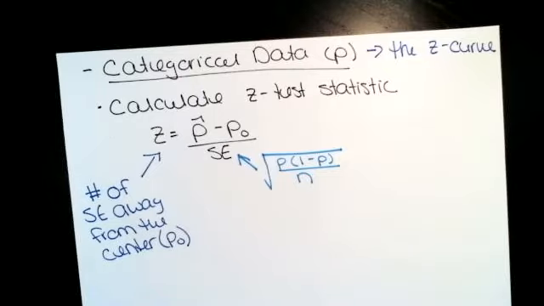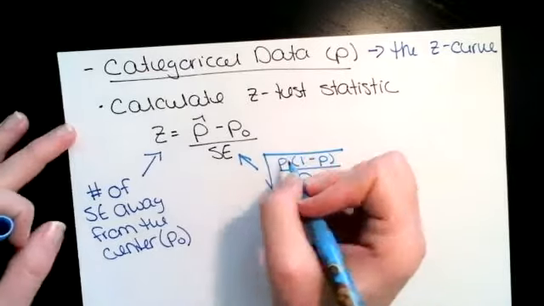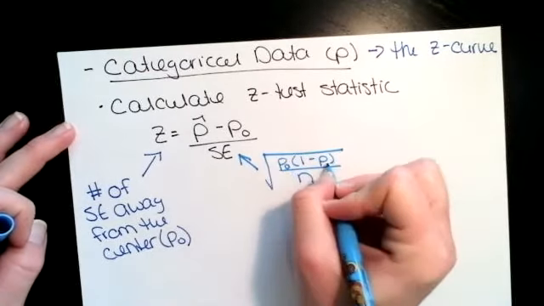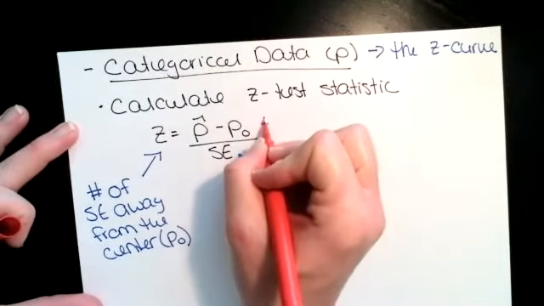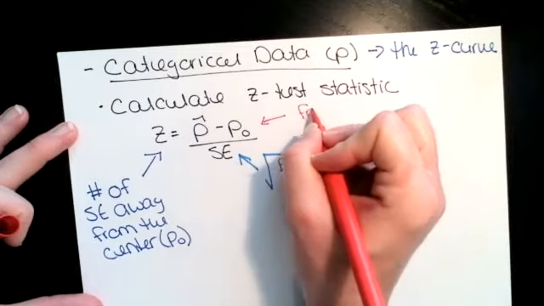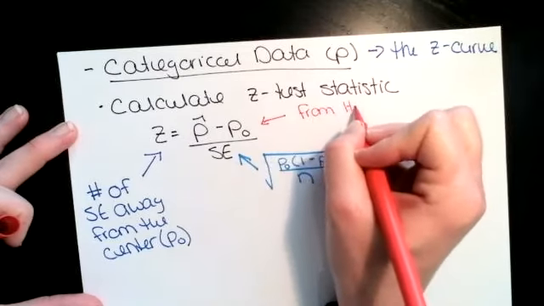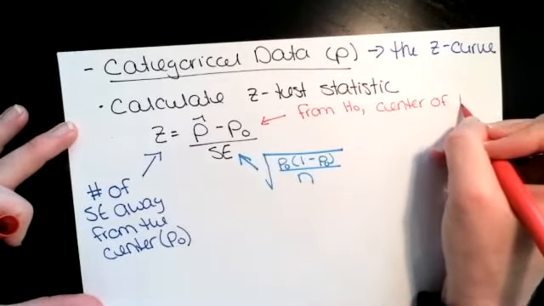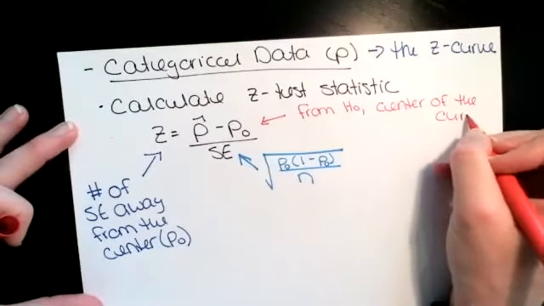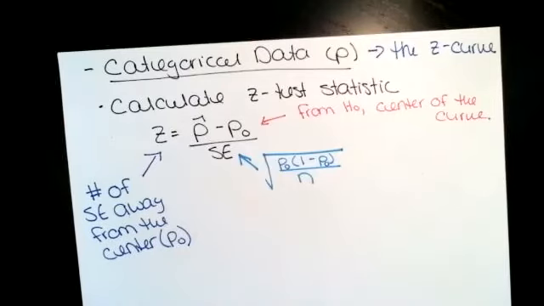We use the center of our curve. The center of our curve here is p naught. Remember, that is the value from my null, okay? So this is the value from h naught, center of the curve. I know we already know that because we talked about it last week, but I still am going to write it.